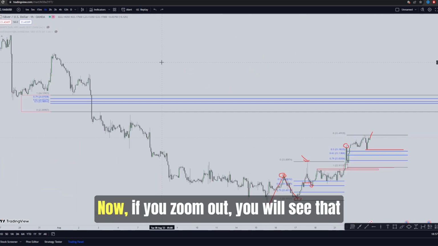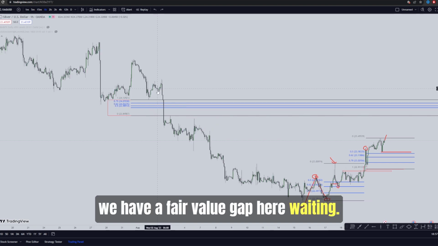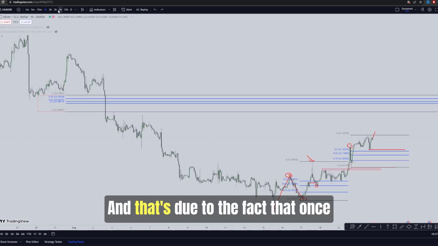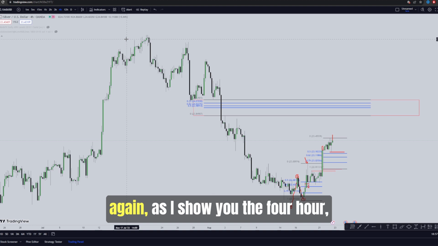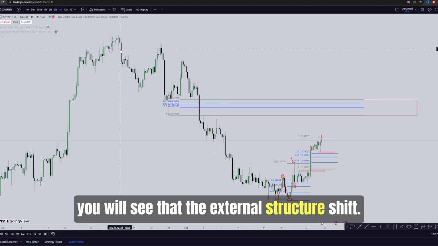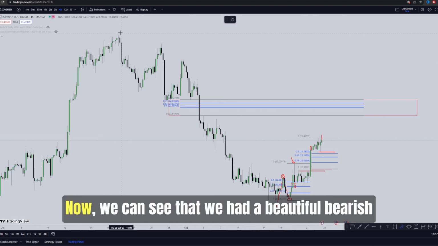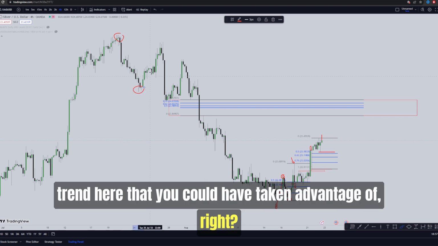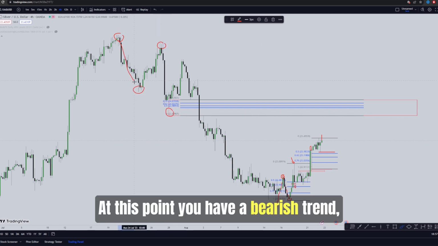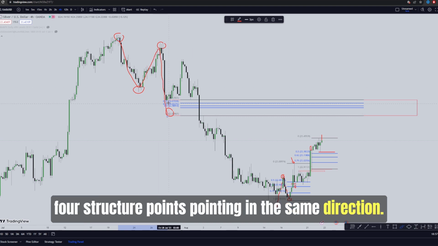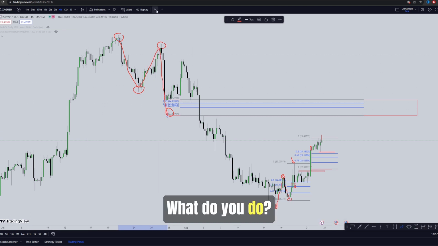Now, if you zoom out, you will see that we have a fair value gap here waiting, and that's due to the fact that, once again, as I show you the 4 hour, you will see that the external structure shifted. Now we can see that we had a beautiful bearish trend here that you could have taken advantage of. At this point, you have a bearish trend, 4 structure points pointing in the same direction. What do you do?